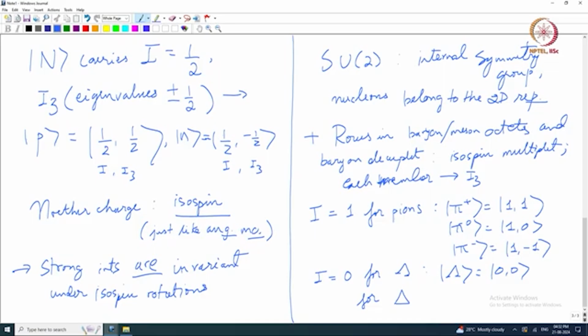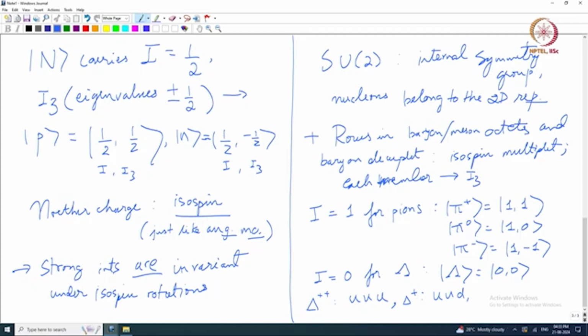So, let me first write what delta baryon is and then I will write the isospins, okay. If I have a doubly charged delta baryon, that is basically a UUU, and then a singly charged one, it is like the proton, it is a UUD, okay.